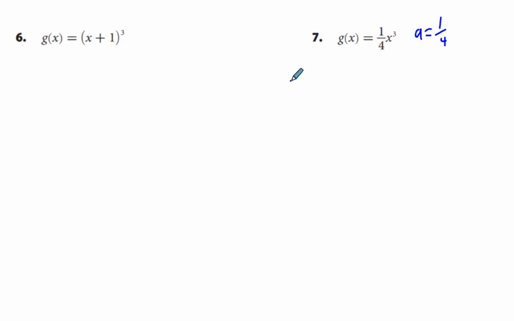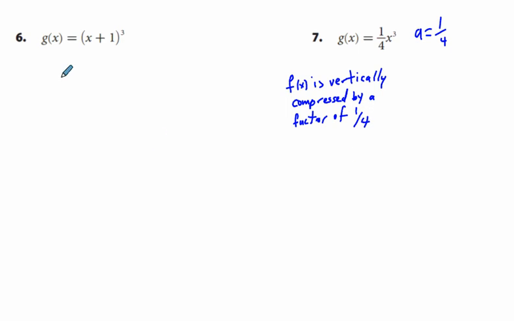So f of x is vertically compressed by a factor of 1/4. Okay, that's that one for number 7.